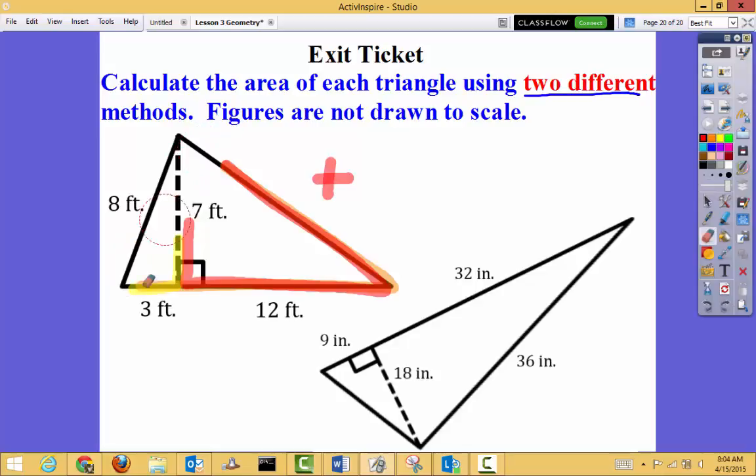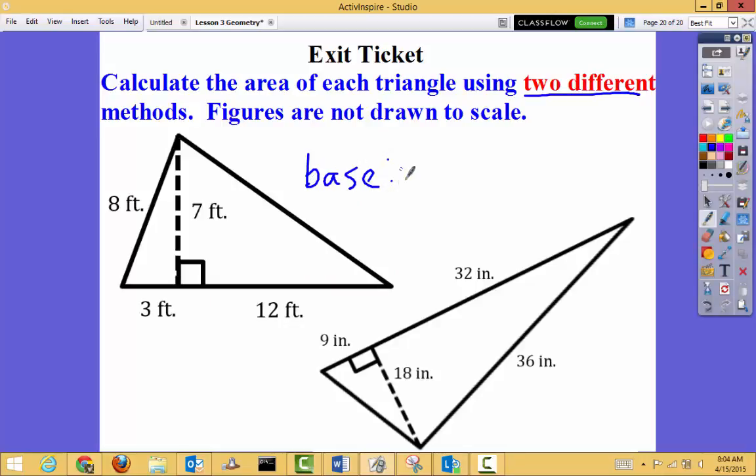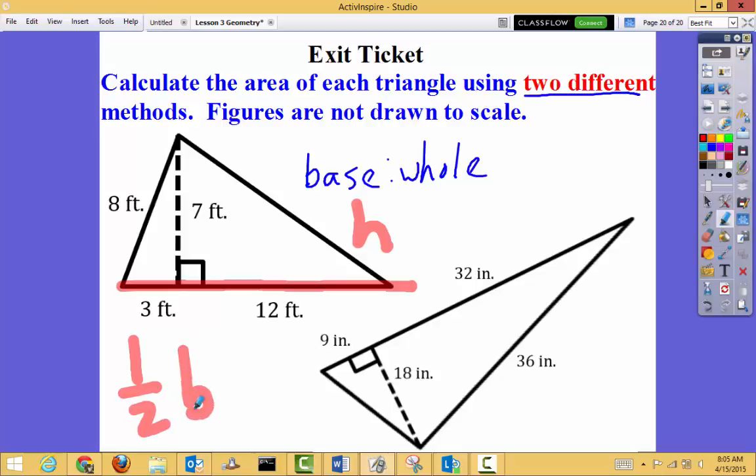And that second method is finding the base of the whole triangle and multiplying it by the height using that formula, 1/2 base times height. All right, good luck.